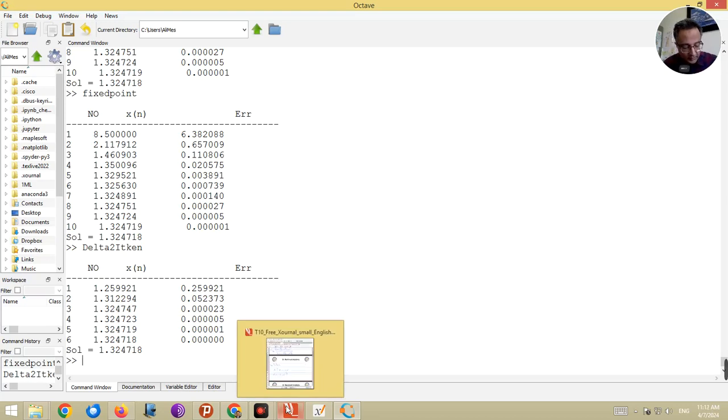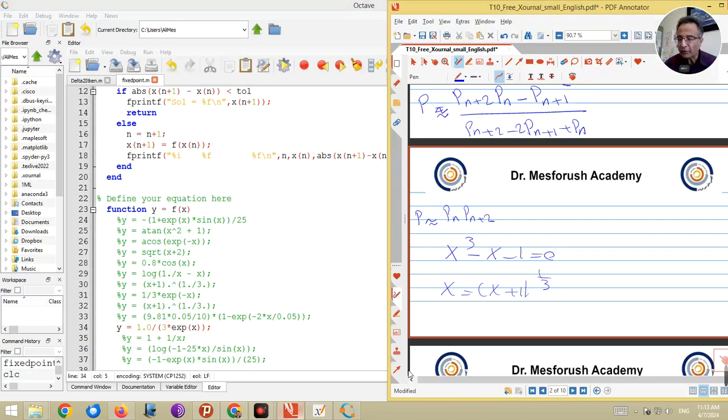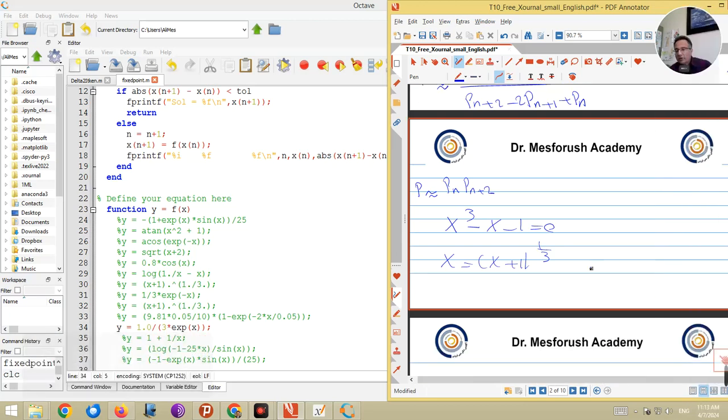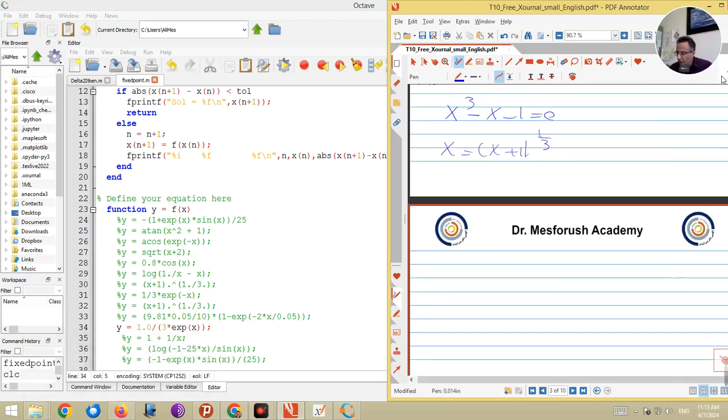Now let me show you another example. For the next example, suppose that we want to solve this equation. Let me write the equation here for you. The equation is in fact 3x e to the power of x minus 1 equal to 0.